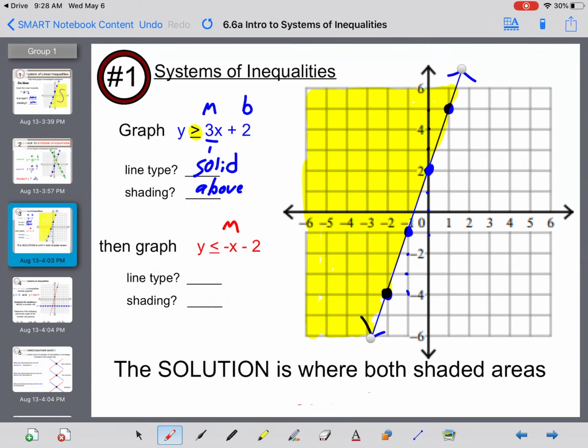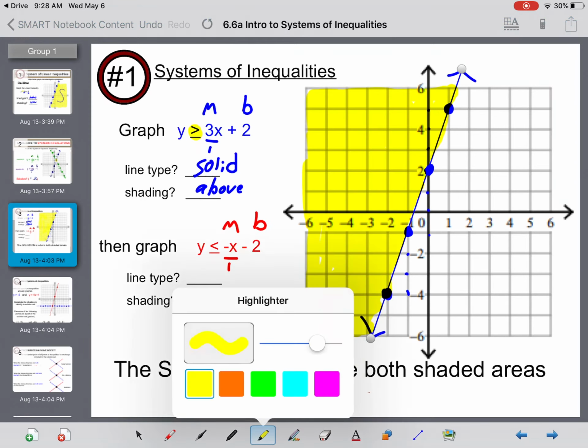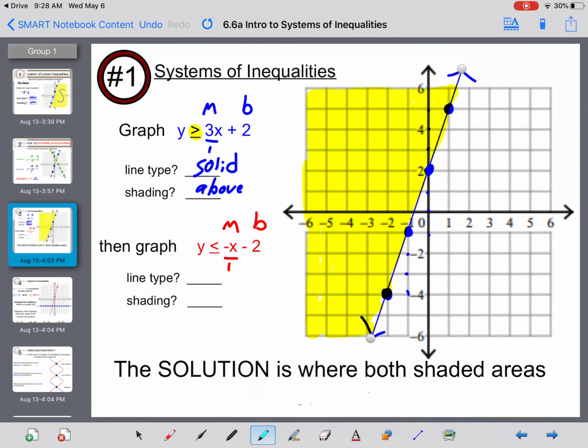And take a look at your red inequality. The slope is -1/1, and your b value is -2. The inequality symbol, I'm going to shade in blue this time, is less than or equal to. That is a solid line. Shade below.